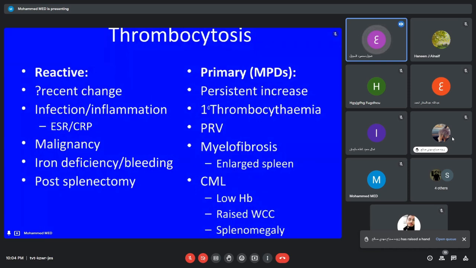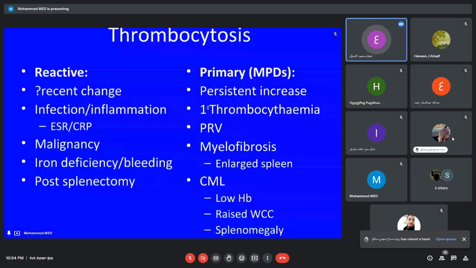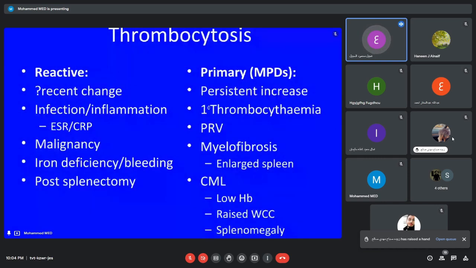This may be associated with polycythemia rubra vera, and I did tell you earlier that polycythemia rubra vera, or primary polycythemia, differs from secondary polycythemia by the fact that in primary polycythemia, the hemoglobin, the white cells, the platelets, all of them are high, while in secondary polycythemia, only the hemoglobin is high. Okay, but it is not always polycythemia rubra vera. It can be just thrombocythemia, although these conditions may intermingle together.